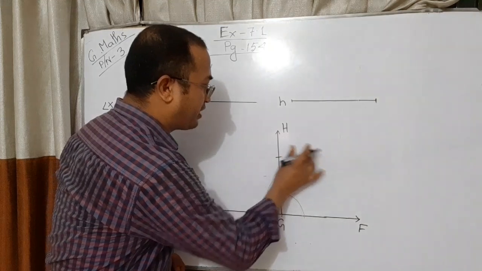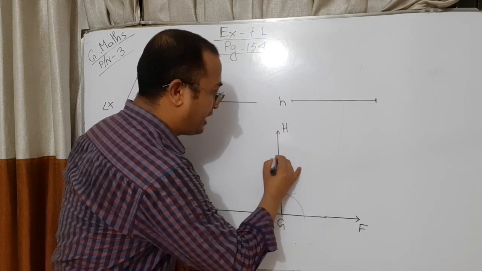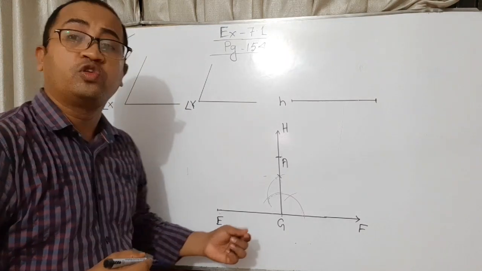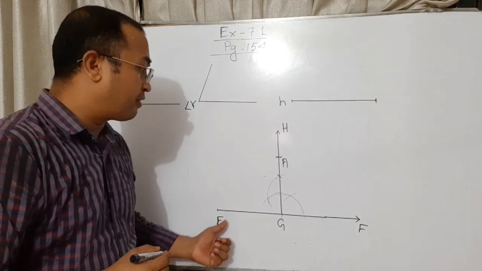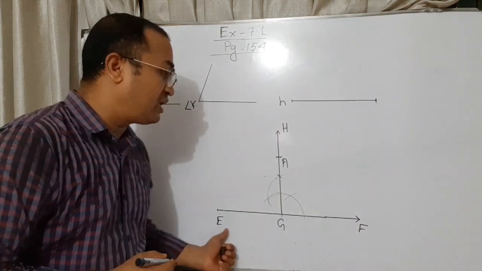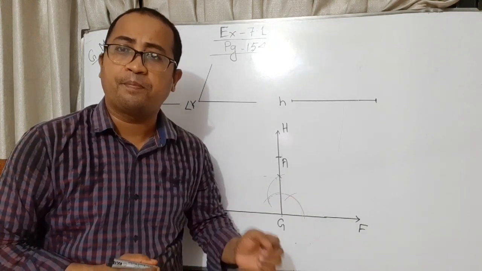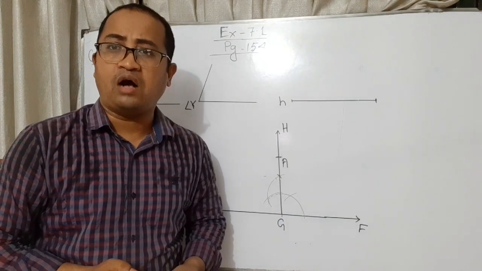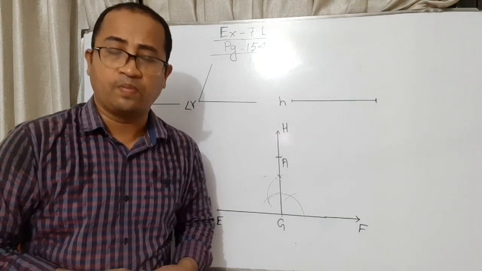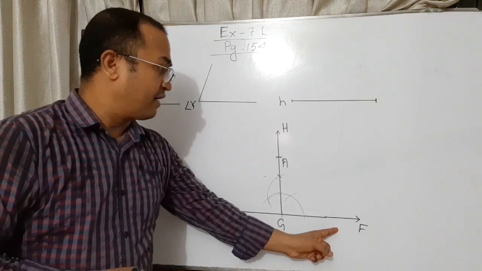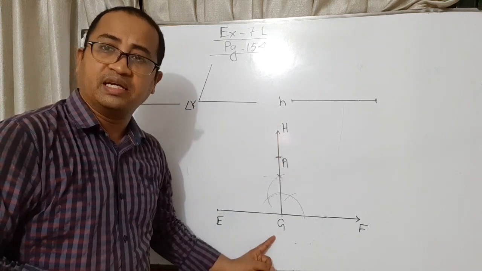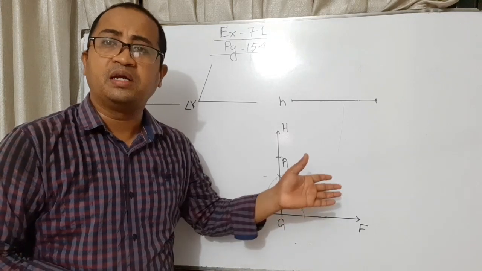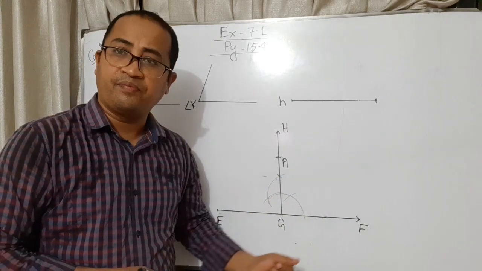Now at the point A, we draw a parallel line MN to EF. Now you know how to draw a parallel line. Look, EF is perpendicular to GH. If I draw a perpendicular line through A, it becomes parallel to EF.